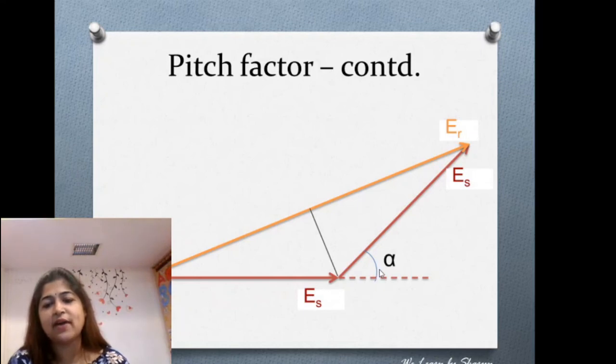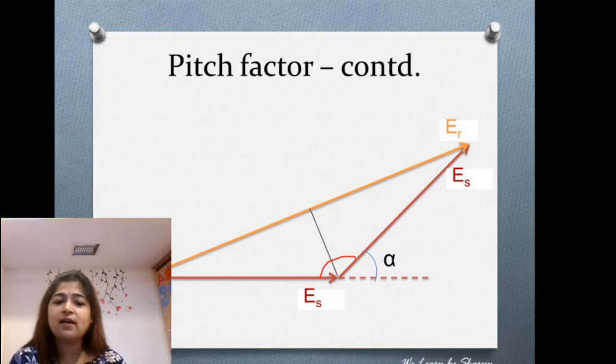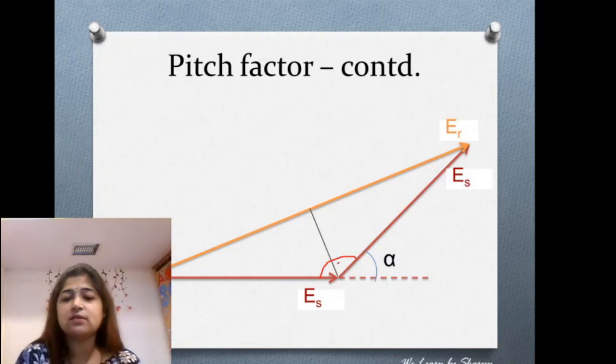And this is the alpha angle. So what is the angle these two ES vectors are making? It is making 180 degree minus alpha, right?